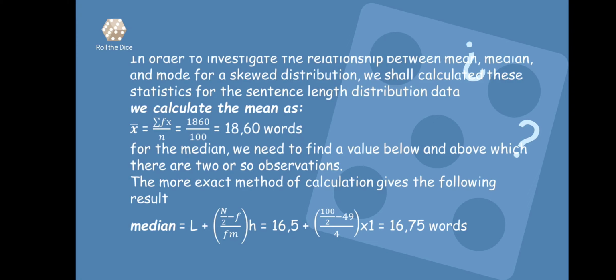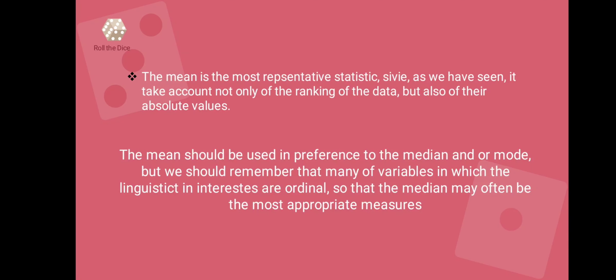For the median, we need to find a value below and above which there are 2 or so observations. The more exact method of calculation gives the following result. Here is the median formula. The mean is the most representative statistic.